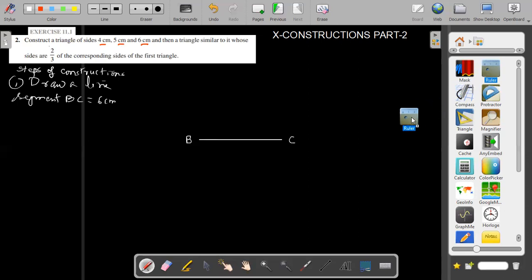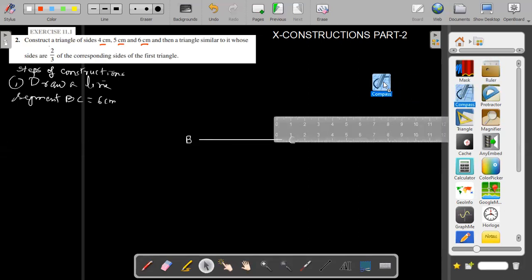Take the compass and adjust it at 5 centimeters.